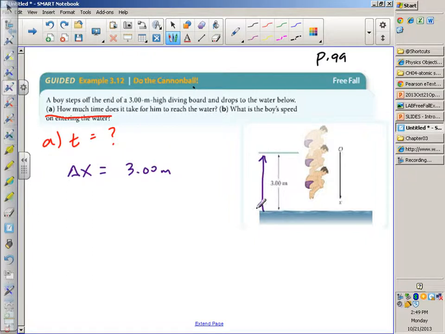Now, something that's going to be important in this problem and as we go forward, these are all vector quantities, right? Meaning that they have magnitude, but they also have direction. In this problem, they gave us our reference point and our directional system. They decided that for us.